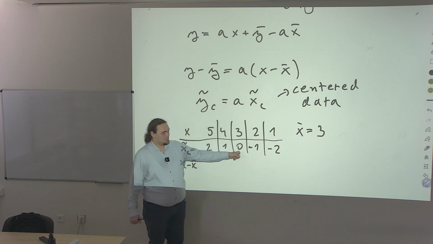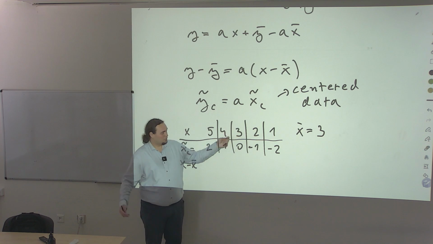What does it mean that it is centered? Well, we basically removed the mean from the values.